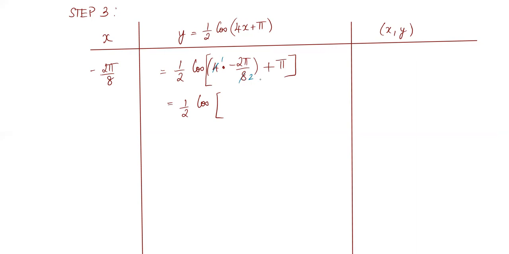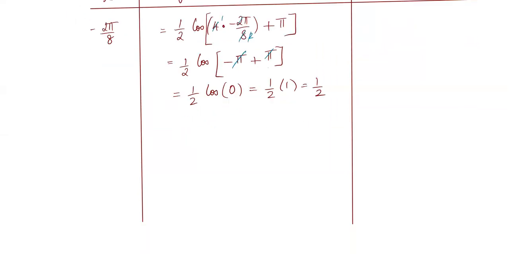I'm making a mental note of that, that I will use that pattern next time. But in this case, this 2 and the 2 will also cancel off, leaving us with negative pi plus a pi. Oops, write that pi neatly. So these two will cancel off, leaving us with half cosine 0. You know cosine 0 is 1, so half times 1 is half.